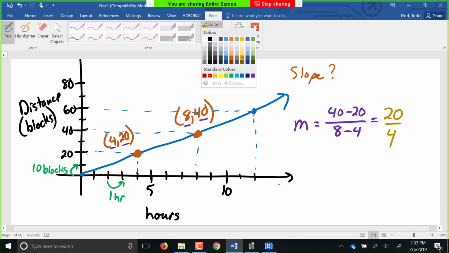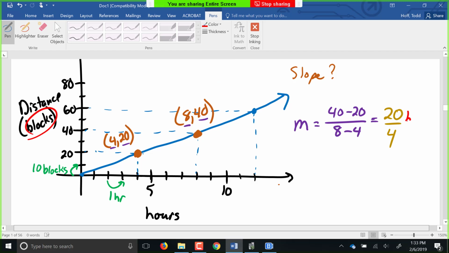What's the units on that 20? Blocks. What's the units on the 4? Hours. Now that reduces. 20 divided by 4 would be 5 blocks in 1 hour.